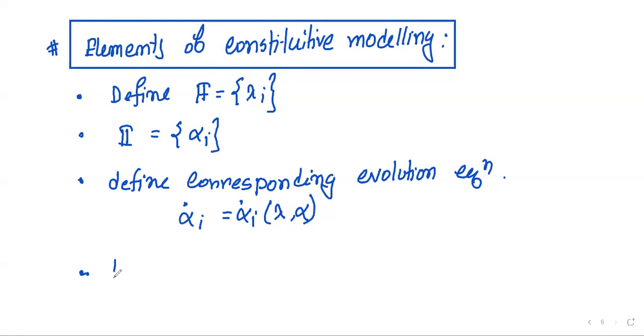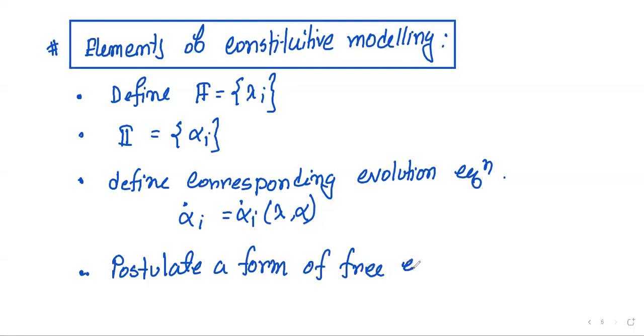So postulate a form of potential energy. We call it free energy. We denote it by psi, which is again a dependent variable.